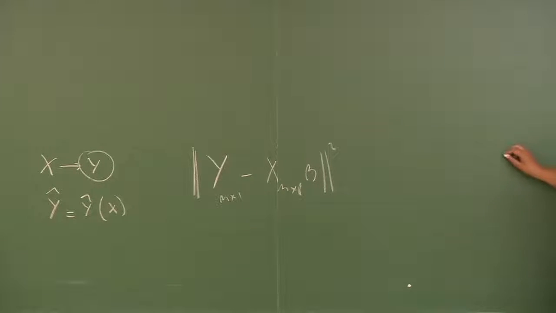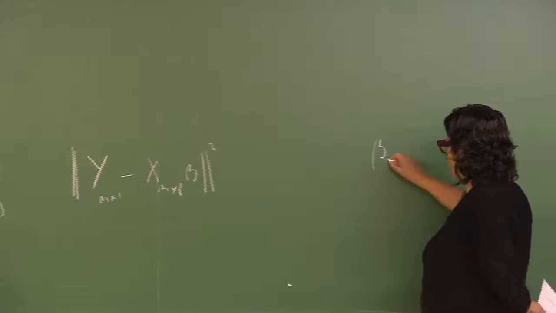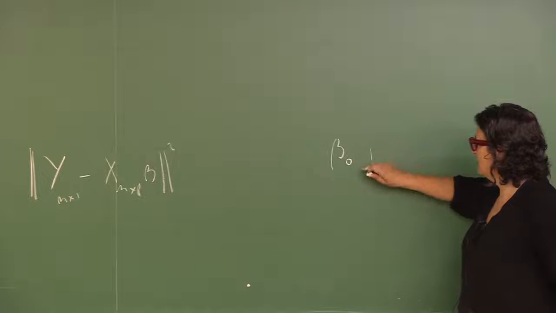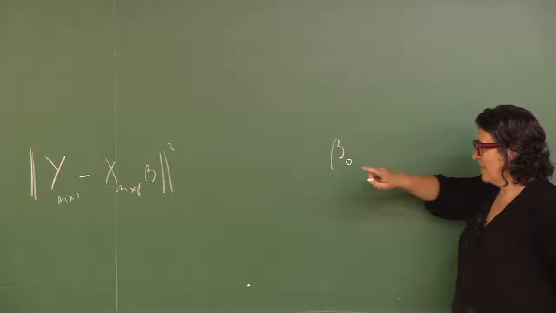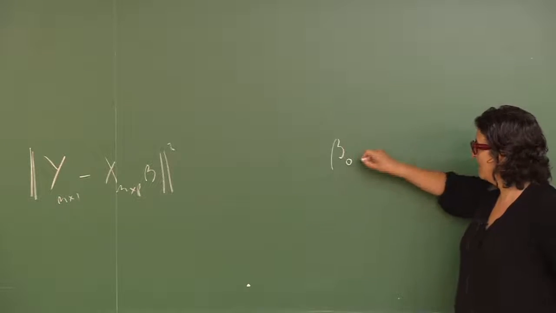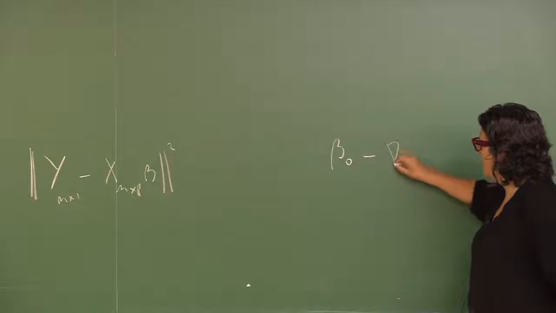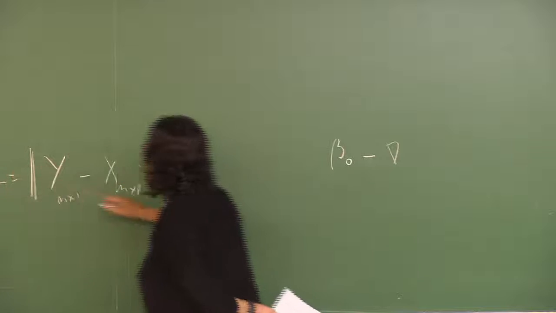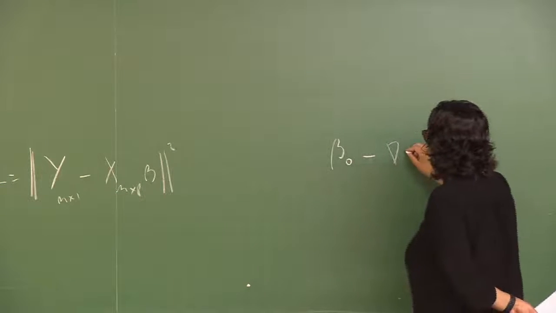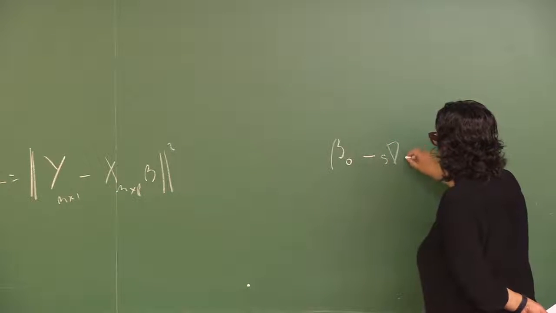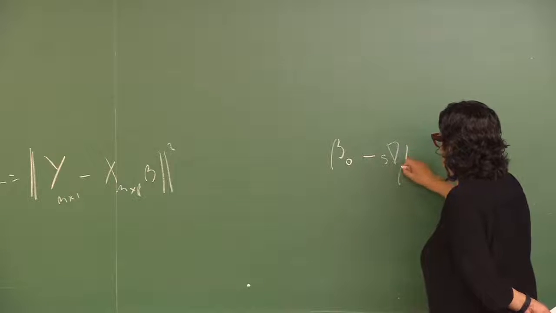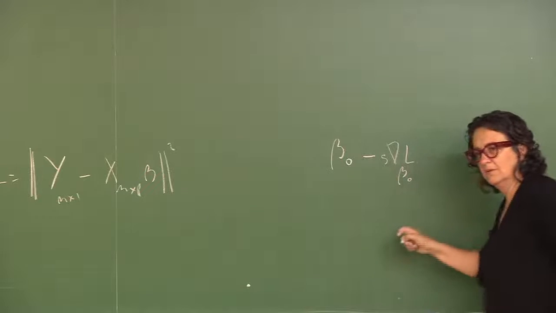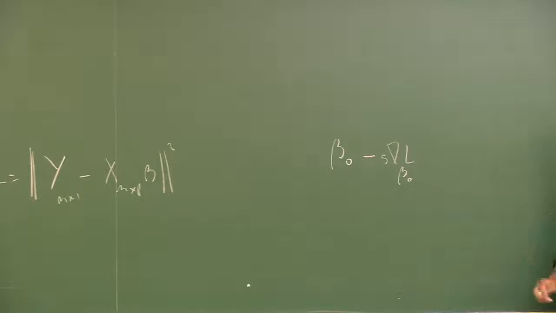You start with a beta 0, and then you go in the direction of the gradient of your loss function, okay? We are going to maximize here, but if you minimize, you go in the direction of the gradient, and you do this until the end.